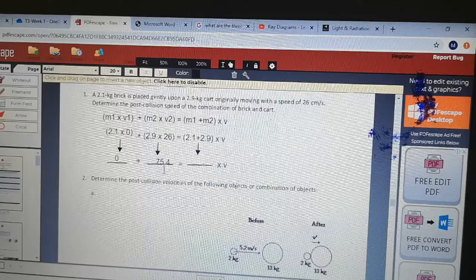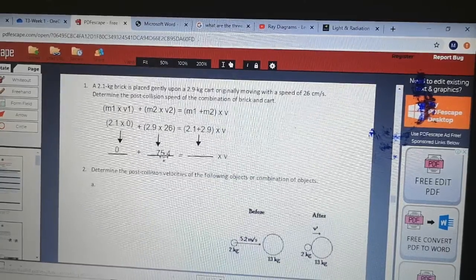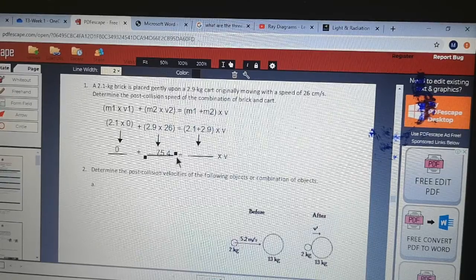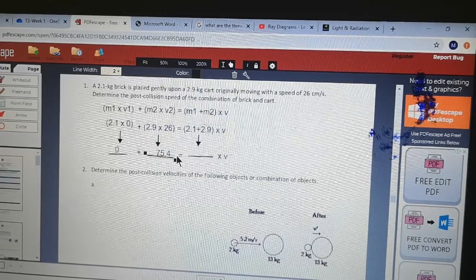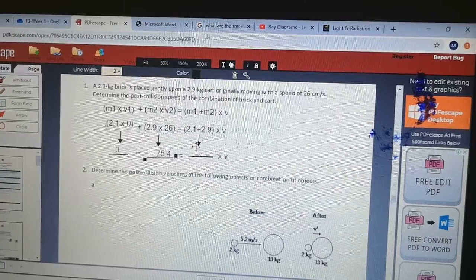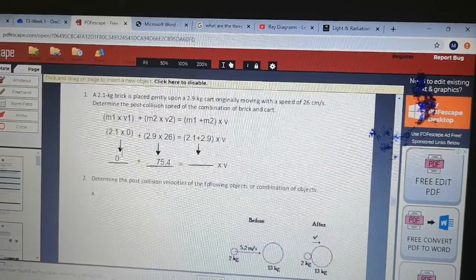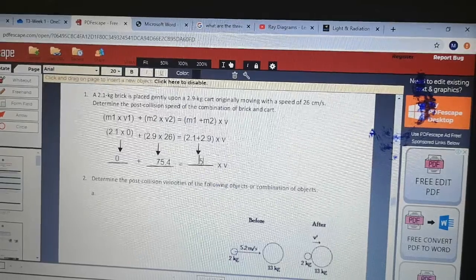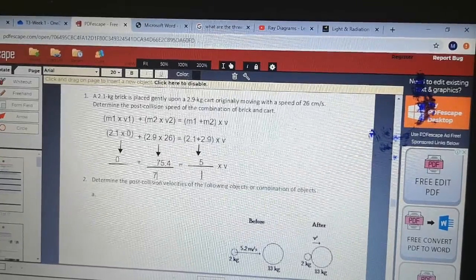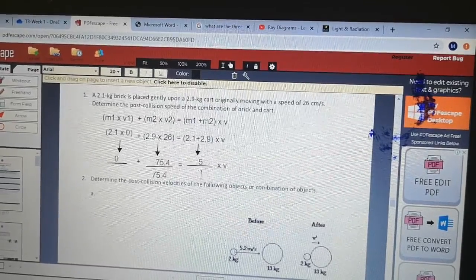Make sure you always put your point in if you've got one. And the last one, 2.1 plus 2.9, that's going to be 5. Don't need a calculator for that. So 0 plus 75.4 is 75.4, so I don't have to add anything.